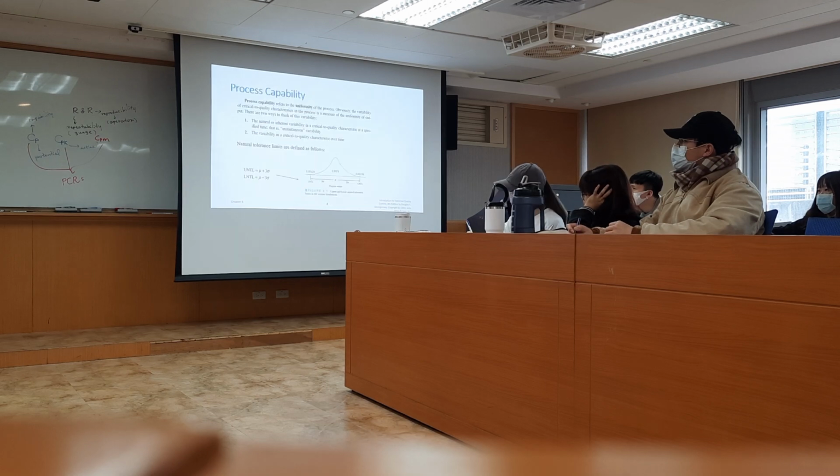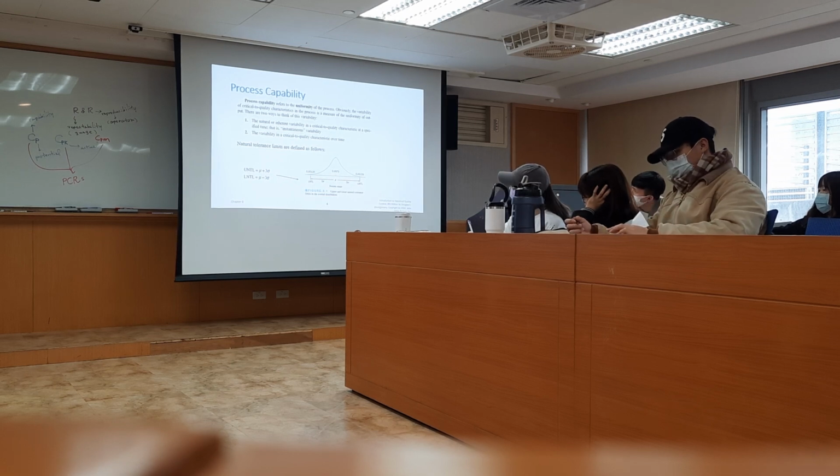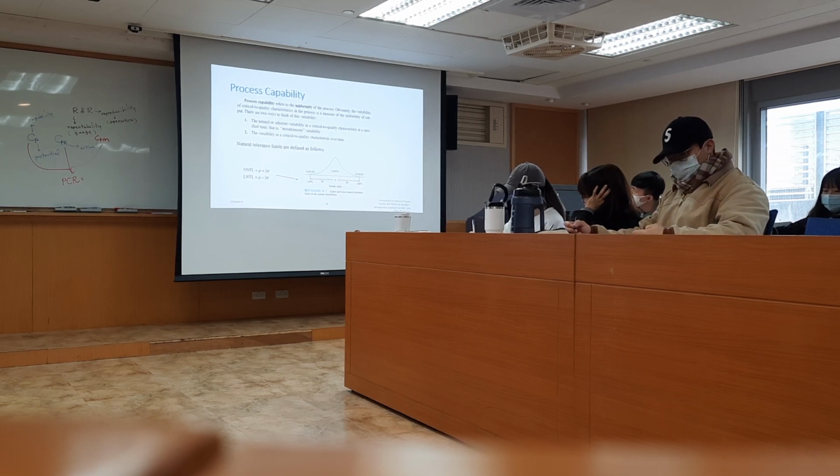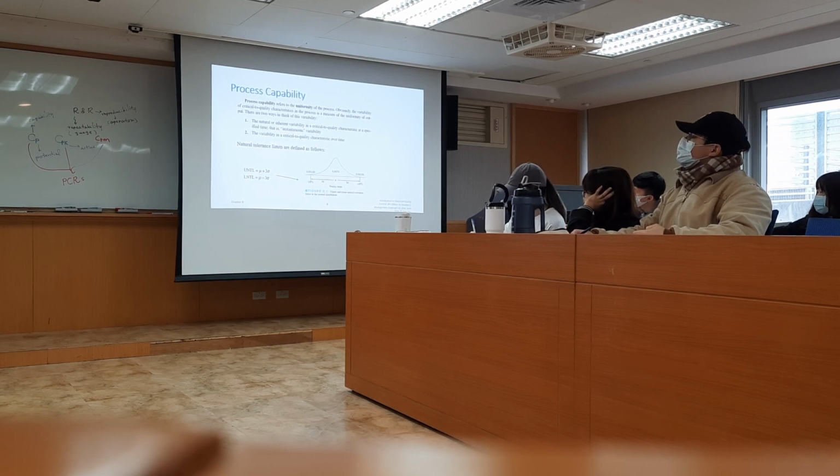So let's move on. Process capability refers to the uniformity of the process. So the variability in a critical to quality (CTQ) characteristic in the process is a measure of the uniformity of the output.